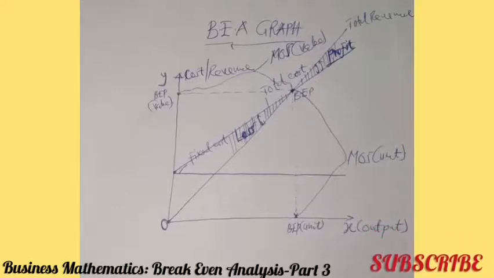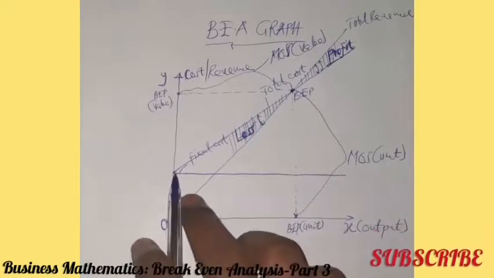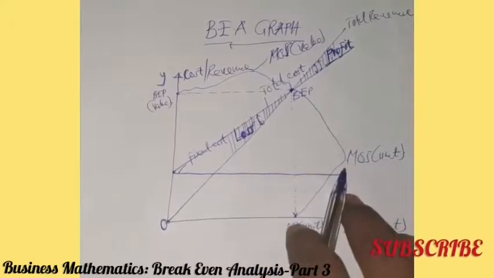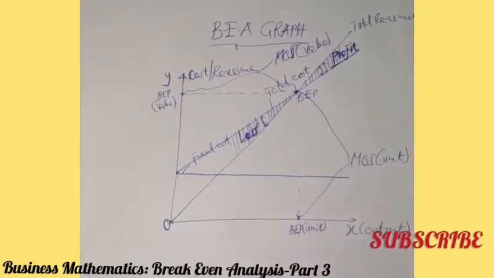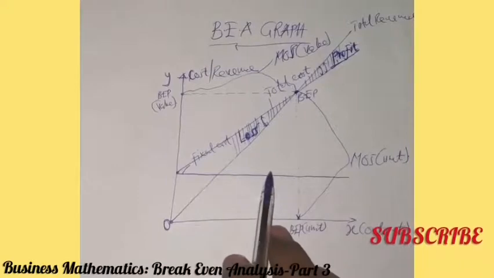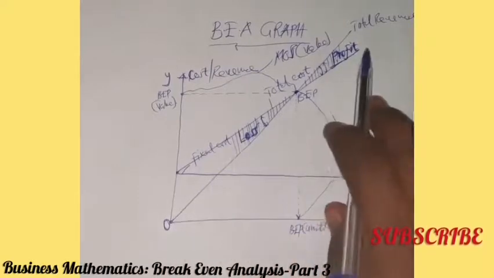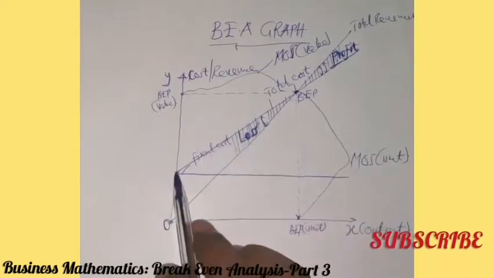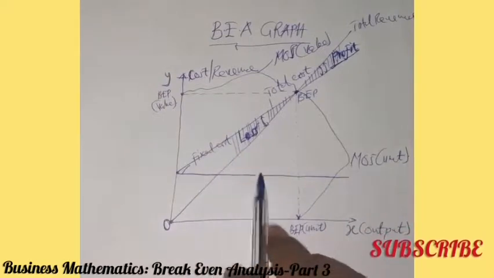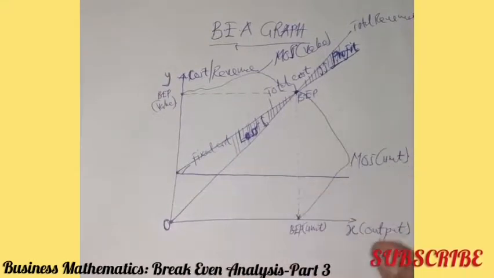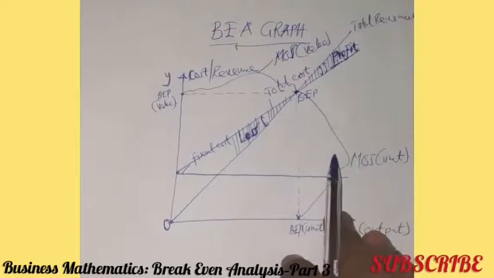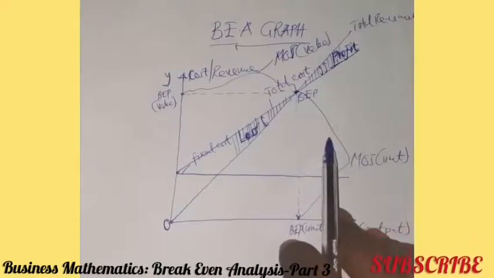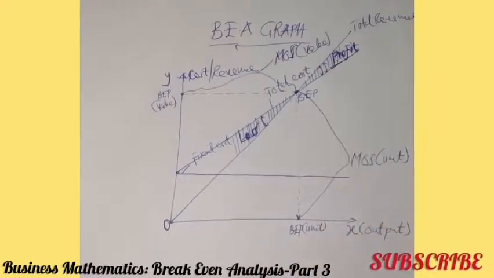And in that one too, you won't see the fixed cost, because when it comes to the contribution break-even graph, fixed cost is omitted, it's not part. But you are going to show your variable cost, and that is with the break-even analysis graph.